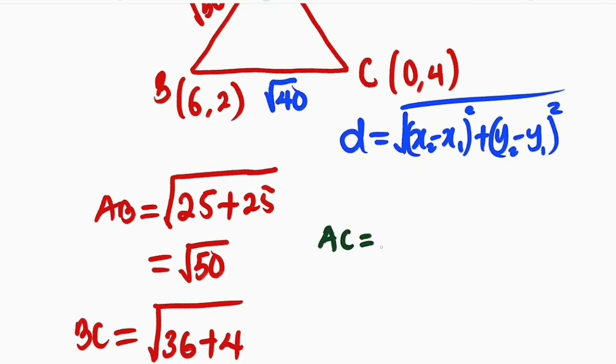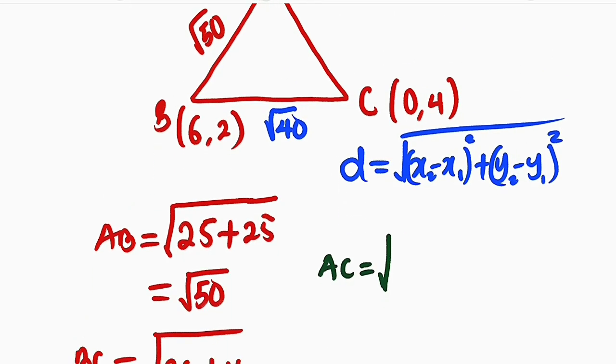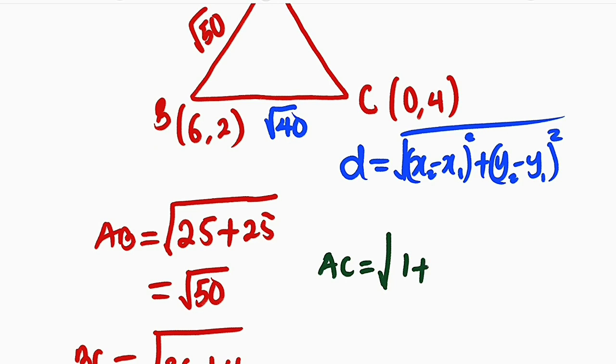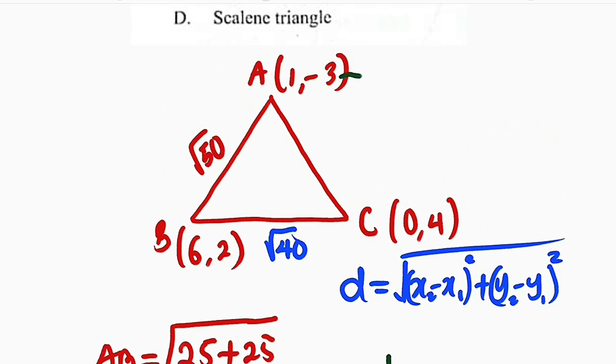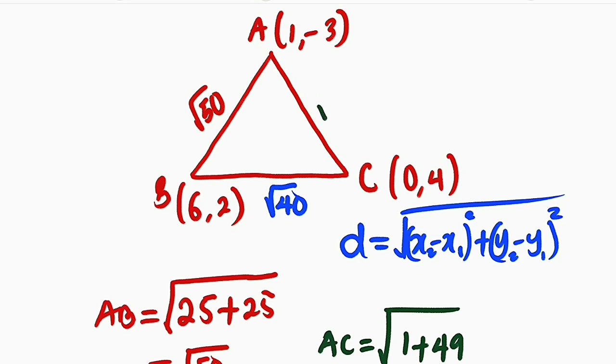AC is equal to the square root of 1 minus 0 is 1. 1 squared is 1. Then plus minus 3 minus 4 is minus 7. Minus 7 squared is 49. So we have 49 here, which gives square root of 50. So if you observe, this side length and this side length are exactly the same.